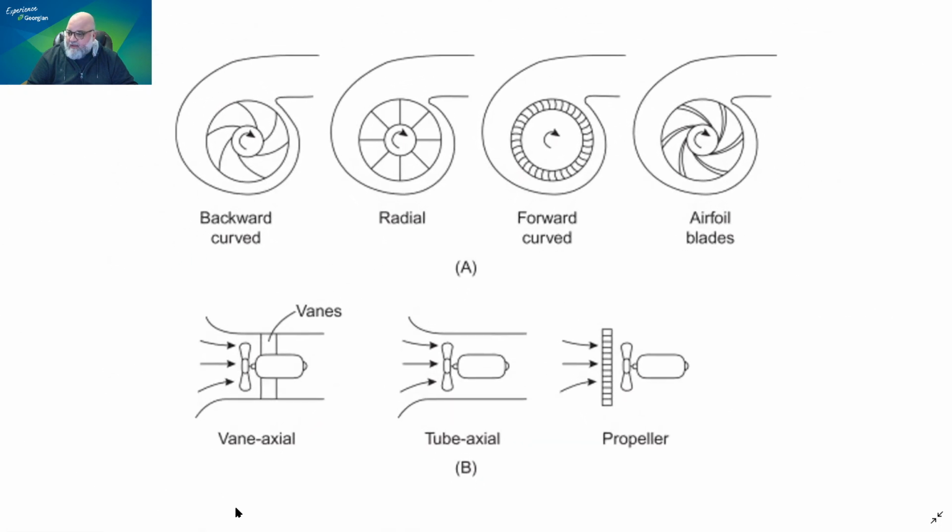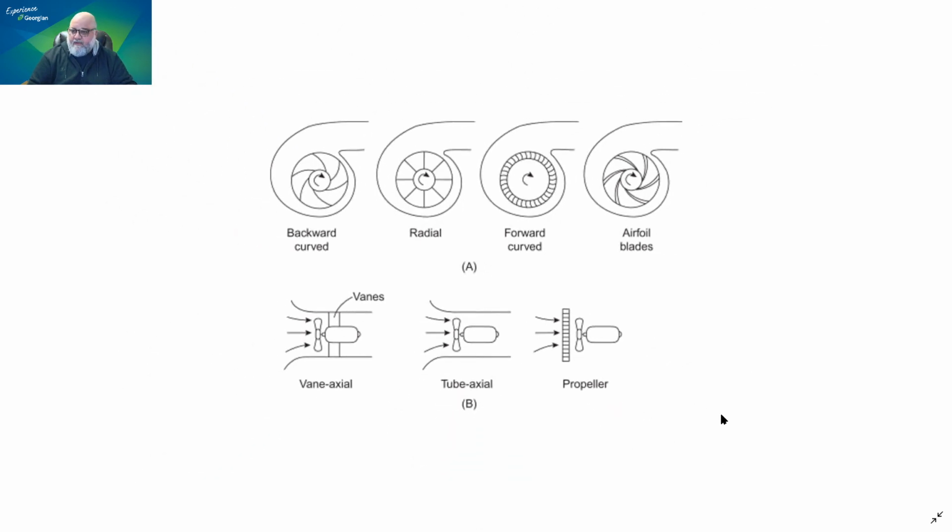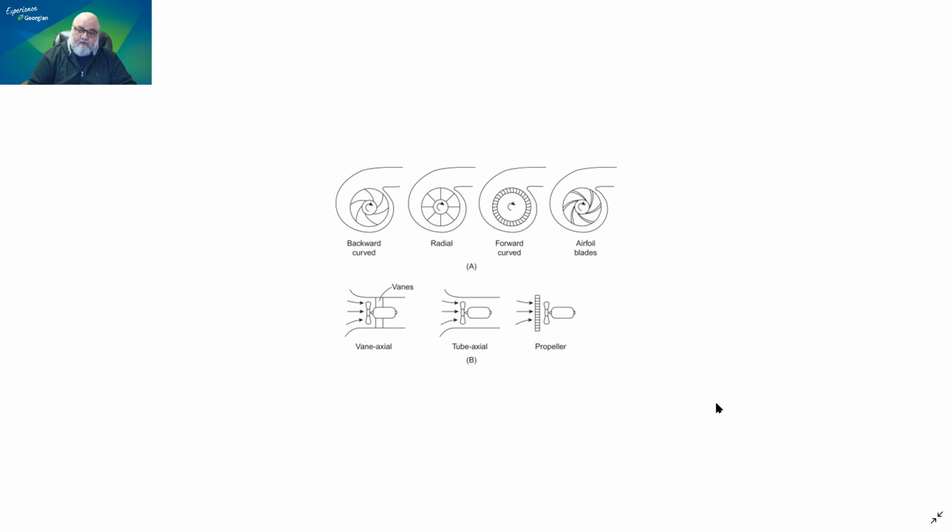Okay, and then you have the three axials. Vane axial, there are the vanes here, but it also is propeller without the vane, which is called tube axial, and then just the propeller itself when it is not boxed in any way, that is ready to connect to ductwork.